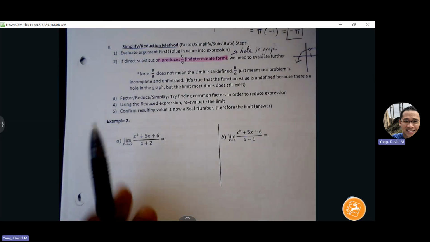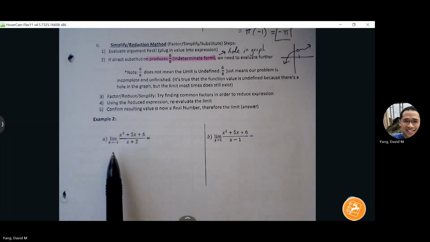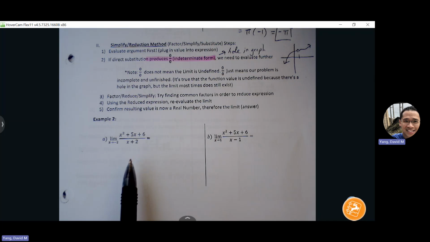Okay. All right. Let's look at example A here. Example 2. Limit as x approaches -2. First steps first. This is our anchor step. We always do direct substitution, regardless of what you think is going to happen. All right.